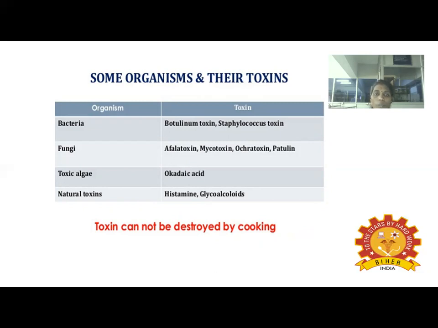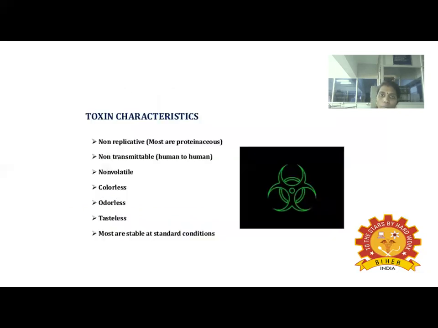Aflatoxin, mycotoxin, patulin. Then toxic algae, that is oxalic acid. The natural toxins, histamine and glycosides. Okay, these are all the important toxins produced by bacteria, fungi, toxic algae.